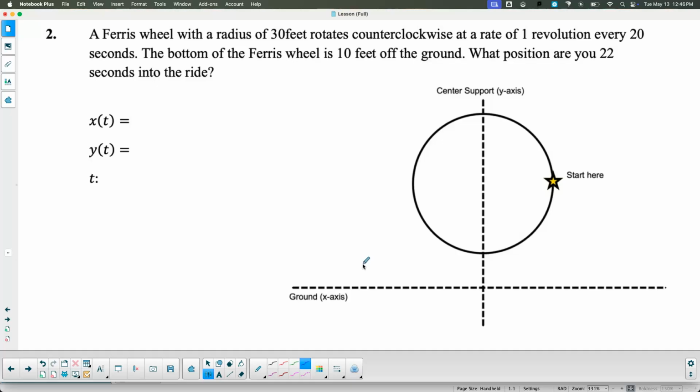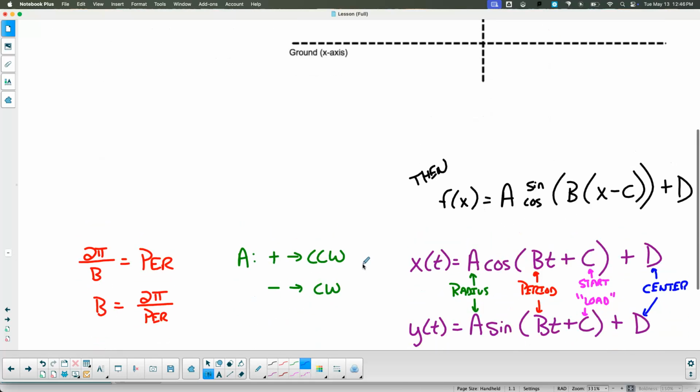What's a in this case? What is my a value for this scenario? 30. Is a positive or negative? Positive, because we're going counterclockwise, right? Forgot what my color scheme was. Green.